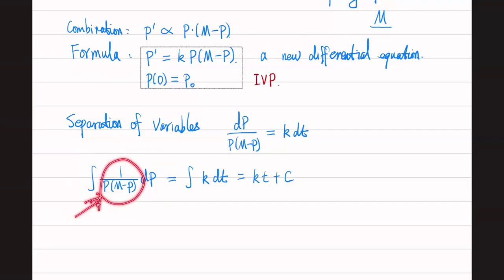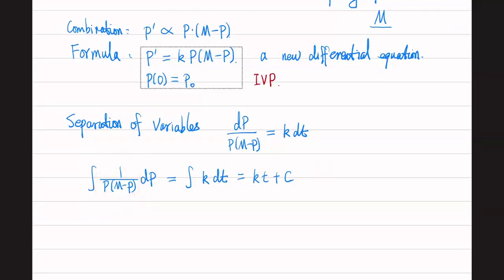The techniques we learned in chapter 7, what are they? Which one is applicable? By parts. Okay, partial fraction. So here is a rational function, and we can apply the partial fraction decomposition.